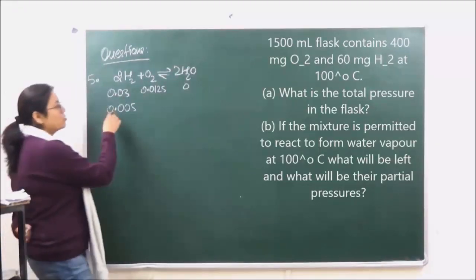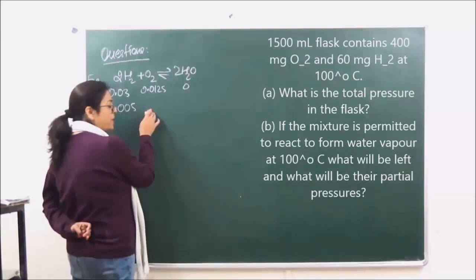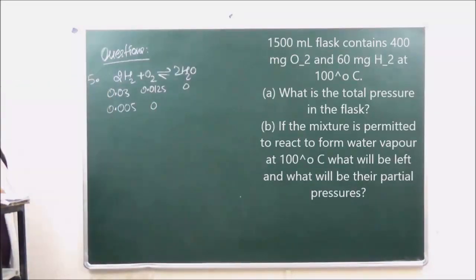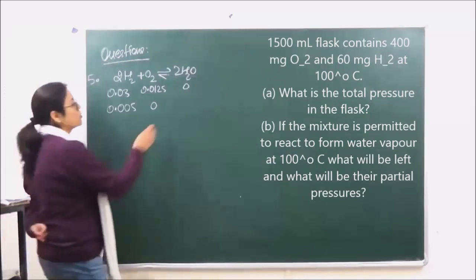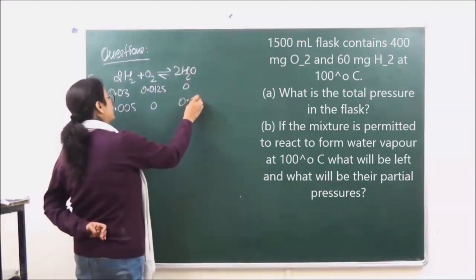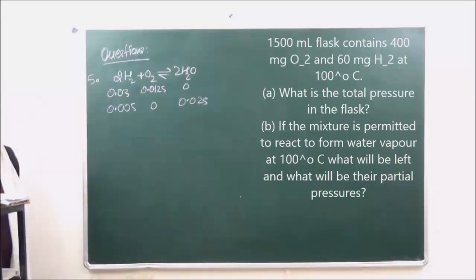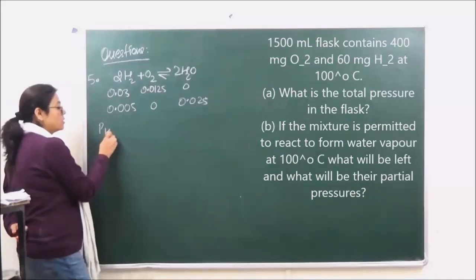No, oxygen reacts completely, because it is the limiting reagent over here, so it is 0. And the water formed is going to be, in number of moles, 0.025. So what is going to be the partial pressure of hydrogen now?